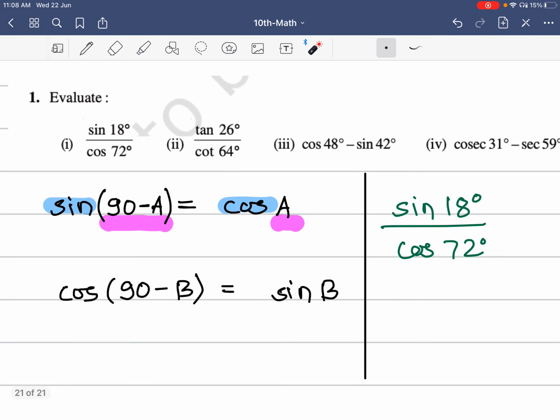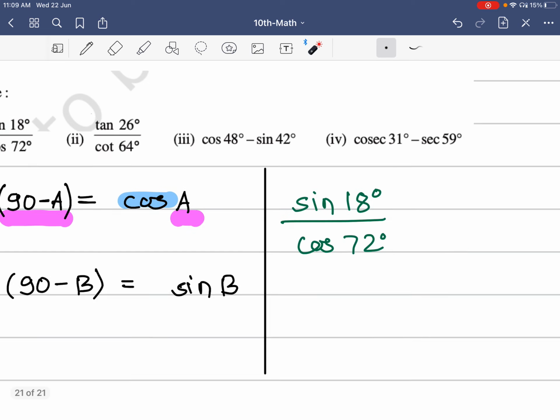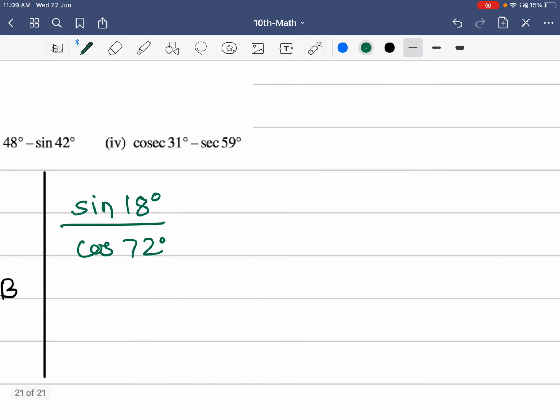Since we have sine on the numerator and cos on the denominator, either we make the numerator in cos or we can make the denominator in sine. Either of it, doesn't matter. So I'll go with the numerator. Sine of 18 degree can be written as cos of 90 minus 18.